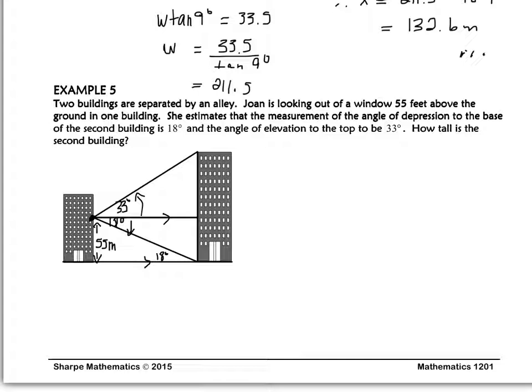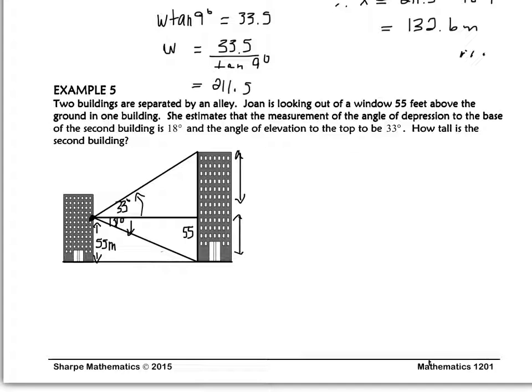Or, rather than that actually, I don't even have to worry about that, I can just use 55. If this is 55, then this is 55. And then I'm inside the triangle because I want to find this distance here and this distance here and add them to get the full height of that second building.